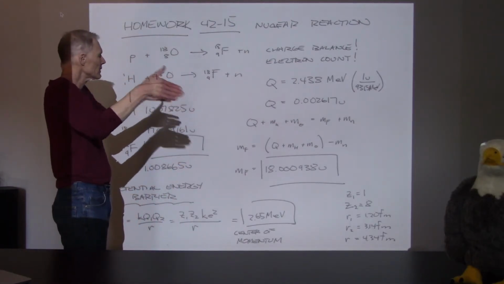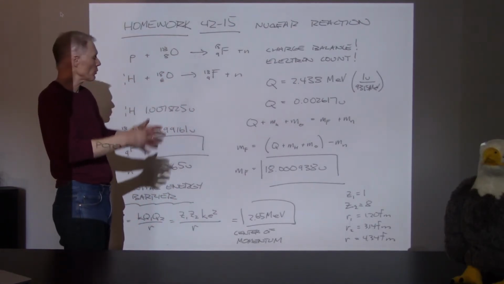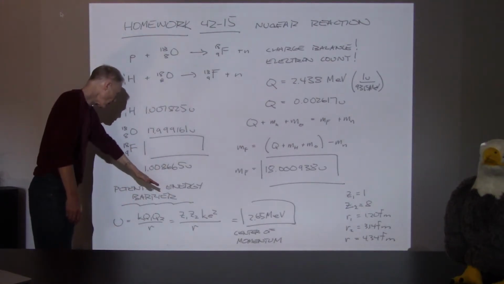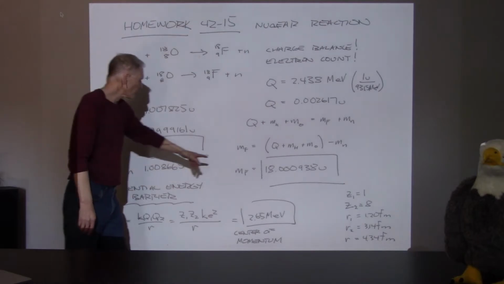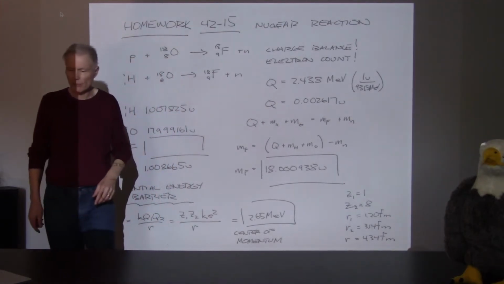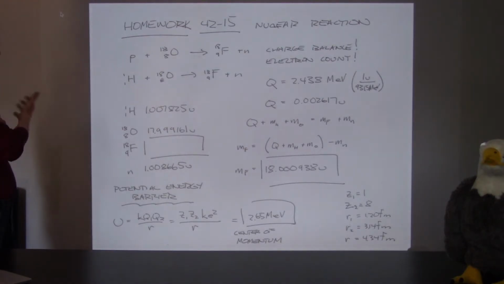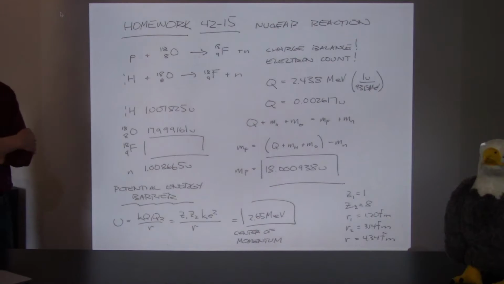The combined center-to-center distance between those nuclei is 4.34. Putting all of those values in, I ended up with 2.65 MeV, and that's going to give us a rough idea of what the electric potential energy barrier would be for this reaction.